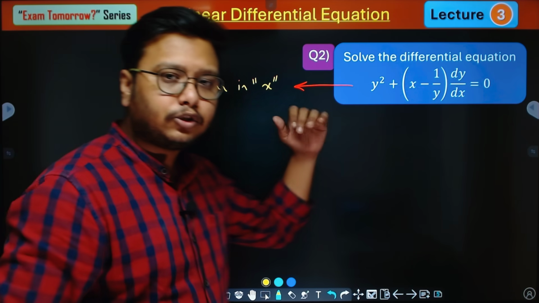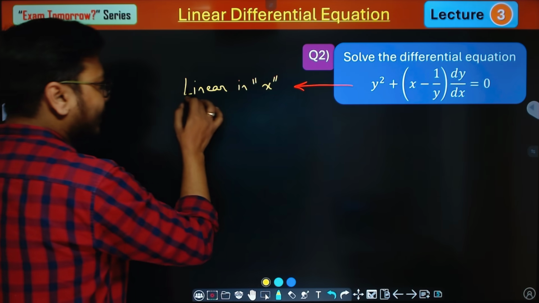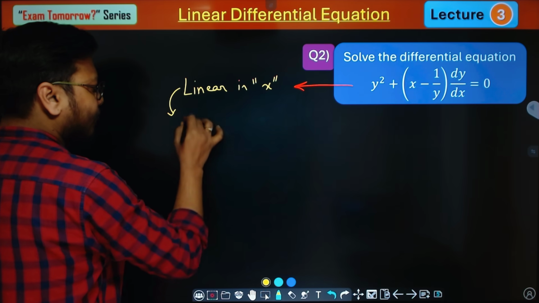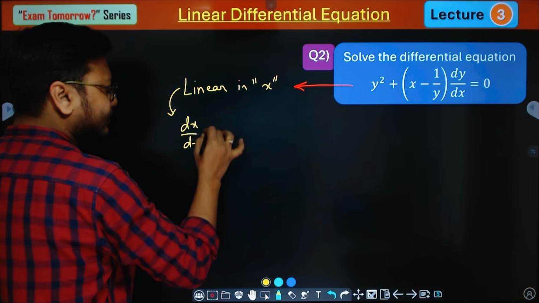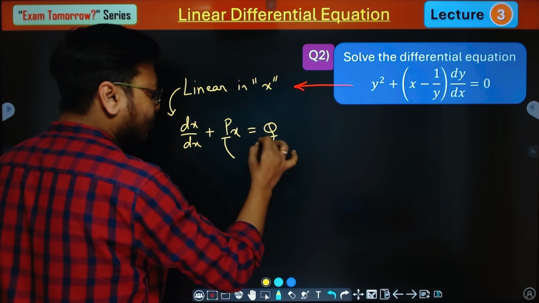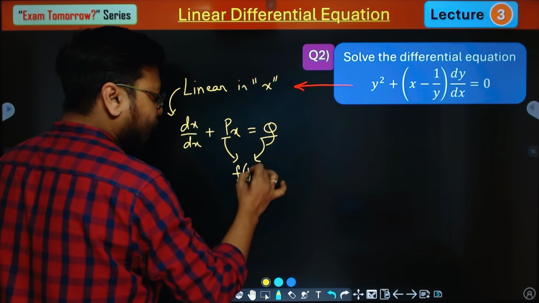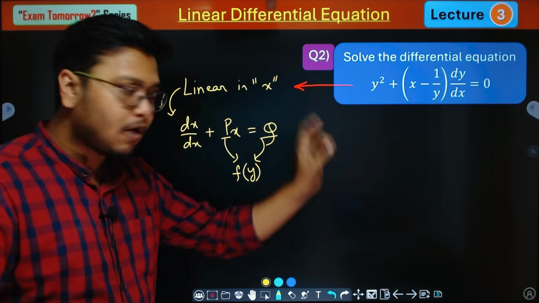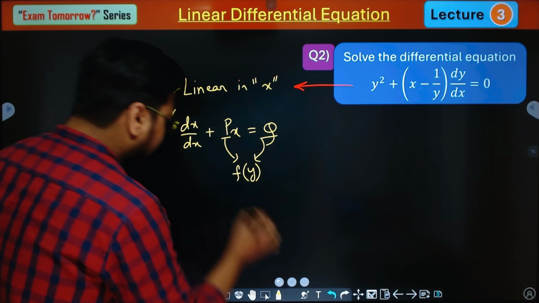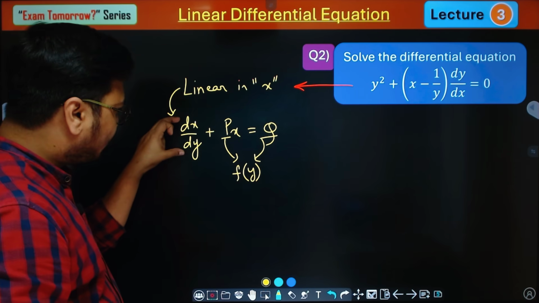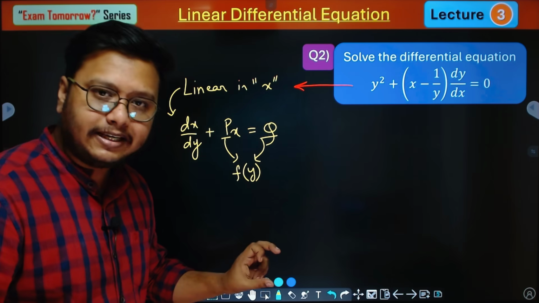The moment you have understood it is linear in x, you need to recollect that its general format is dx/dy plus px equals q, where p and q must be functions of y. So I need to bring it in that format. Sorry, I have written this wrong, it should be dx/dy.